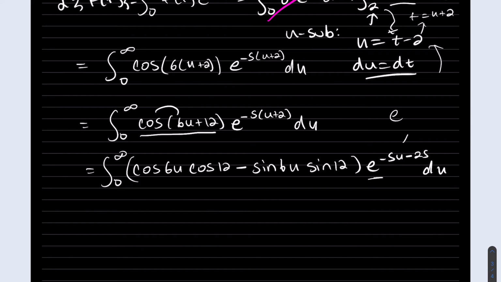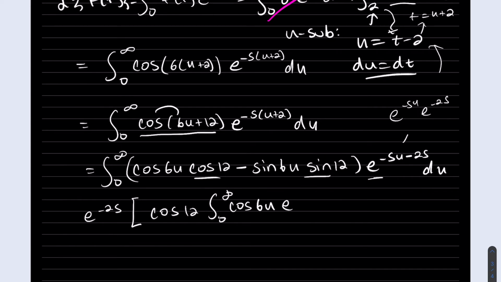It'll be e to the minus su times e to the minus 2s. S is a constant, so we can bring the constant out in front, which is e to the minus 2s. And then these are constant twos also. Let me bring that sine of 12 in the front.